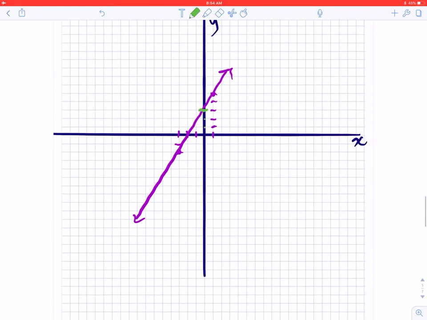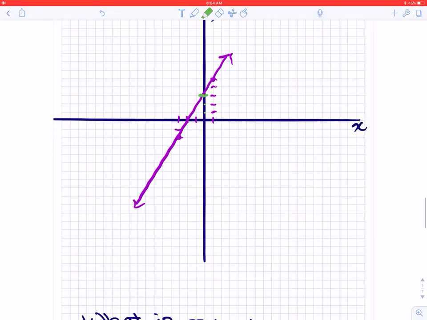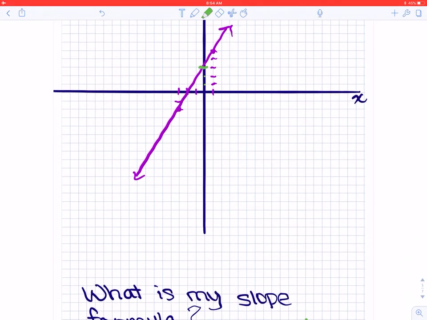My slope, I need to make a triangle. So I'm going to connect my 2 points, but I'm following the lines on the graph paper. So here's my 2 points connected. Here's my slope triangle. I had to go 1, 2, 3, 4, 5, and 1, 2, 3.